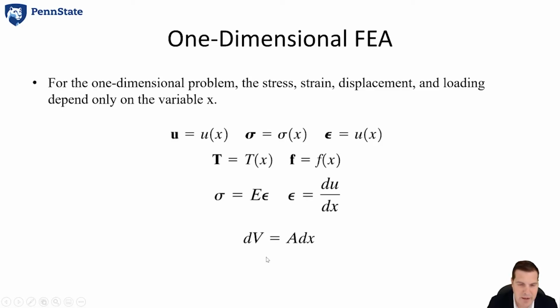Now, it's kind of confusing here because what we're actually going to be developing is the mathematics for a truss element first. Okay, and what's confusing about it is that it's 1D, but it has a cross-sectional area that we can consider. And that allows us to consider trusses of different cross-sectional areas.